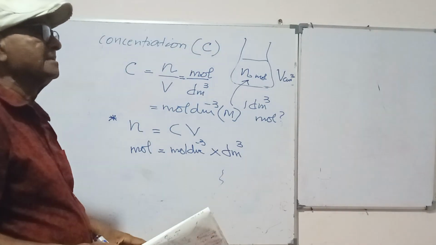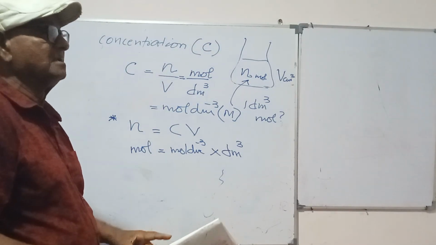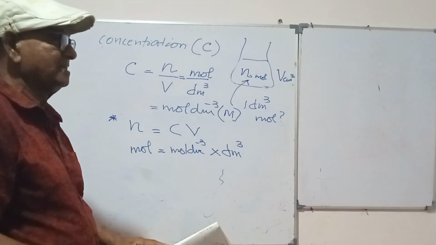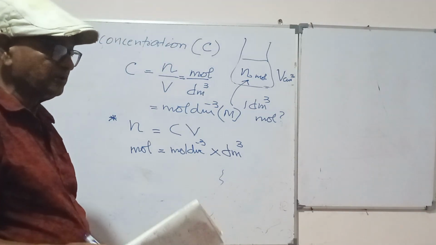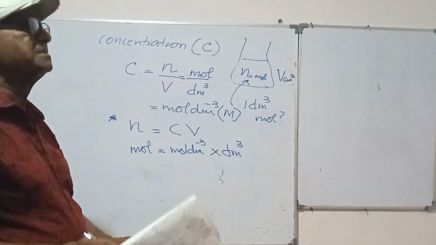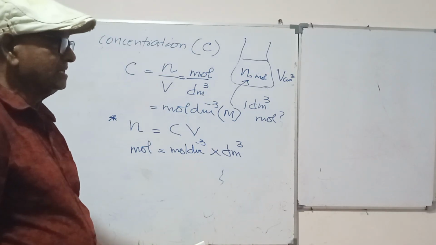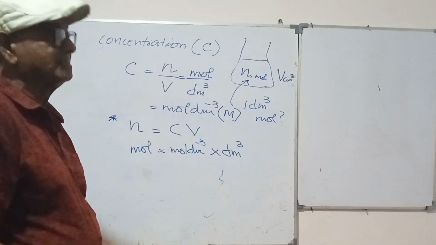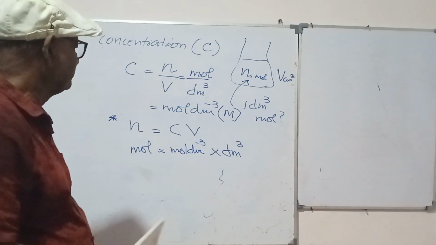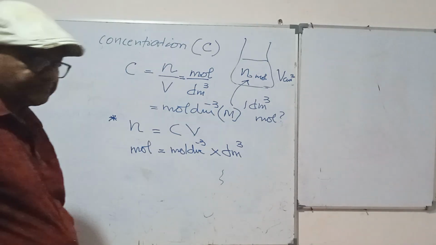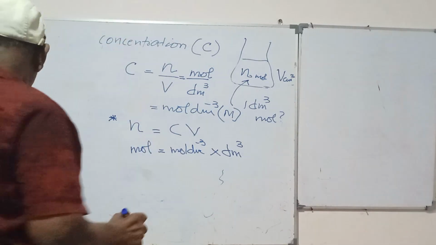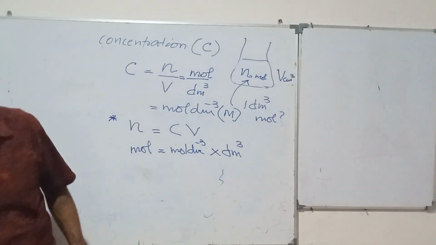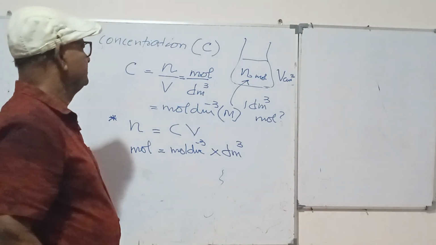Generally, we take the practical value of the volume in cubic centimeters, so we have to convert cubic centimeters into cubic decimeters. It is the weak point, where you may make a mistake. Then, through these fundamentals, I will do a problem for you. Is it clear?